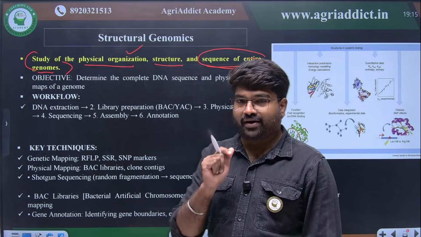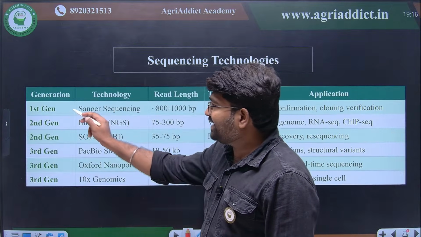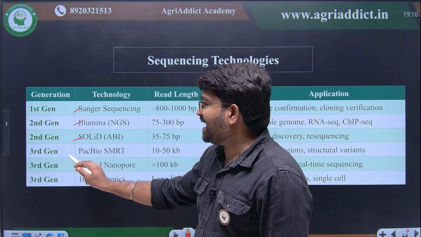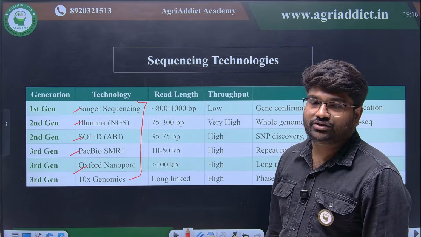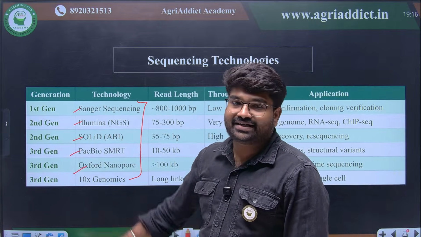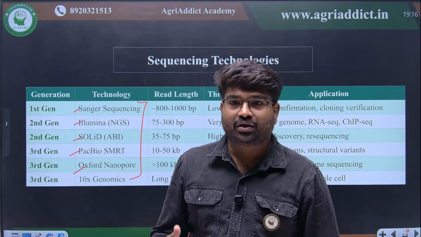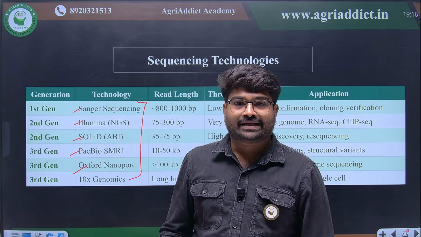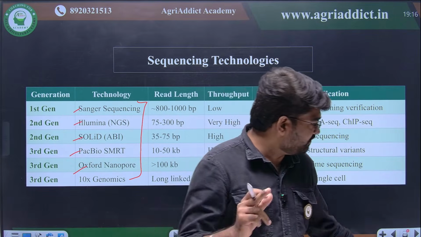This is the key point. The different sequencing techniques are Sanger sequencing, Illumina, SOLiD, PacBio, Oxford Nanopore. These are the major sequencing techniques. You have to know which generation each belongs to, whether first generation, second generation, or third generation. This definition of structural genomics is very important.